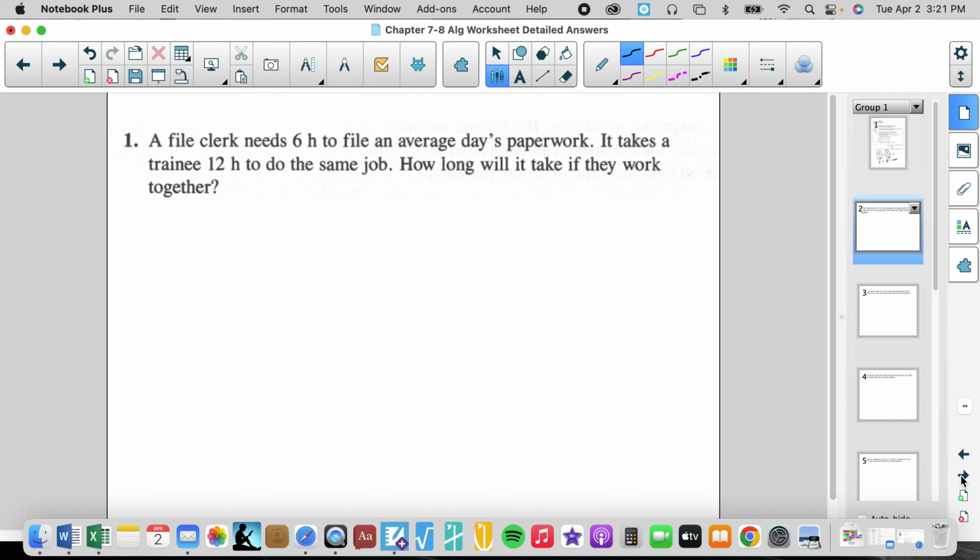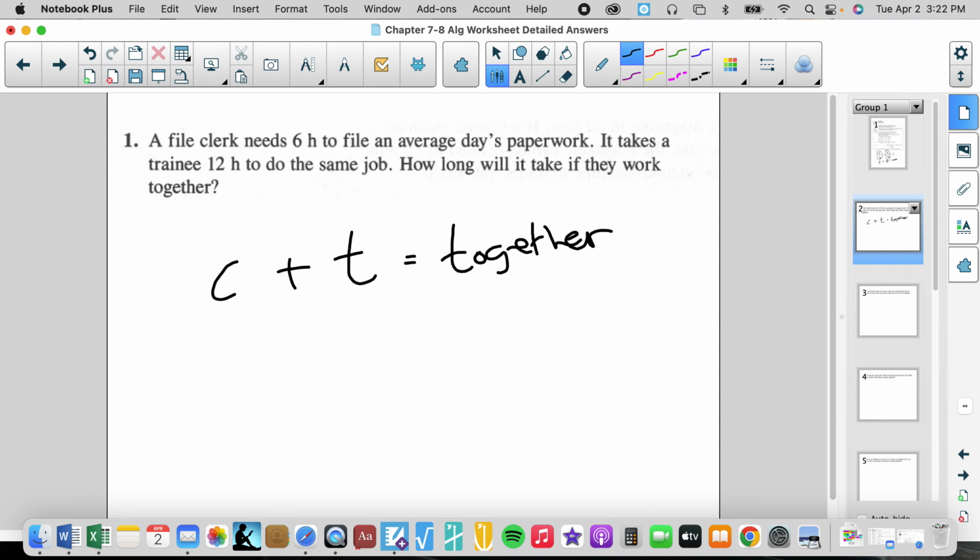So a file clerk needs 6 hours to file an average day's paperwork. It takes a trainee 12 hours to do the same job. So clerk plus trainee should equal together. The clerk takes 6 hours.